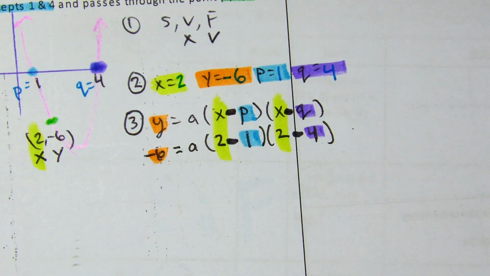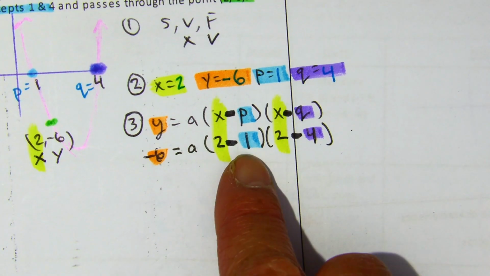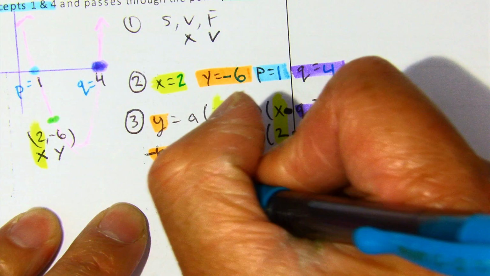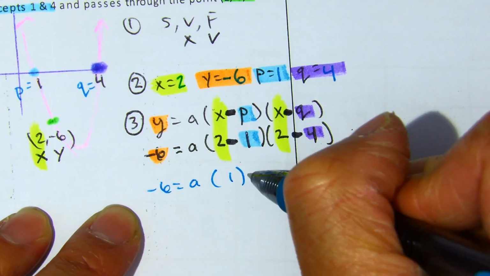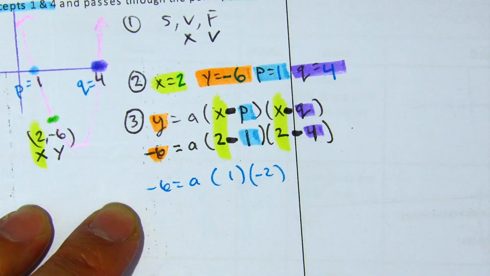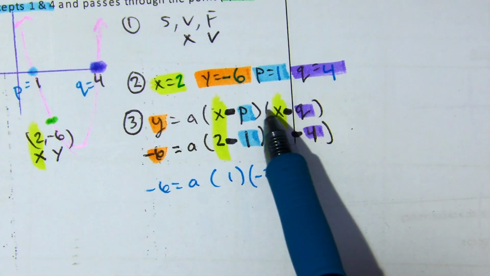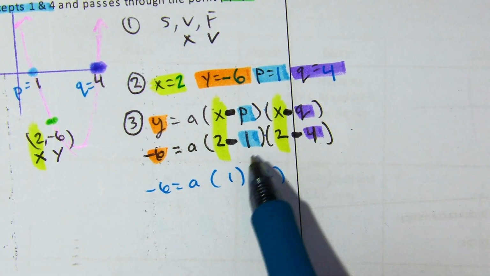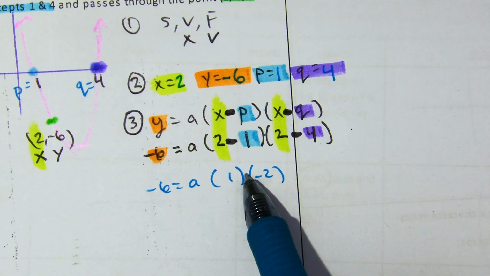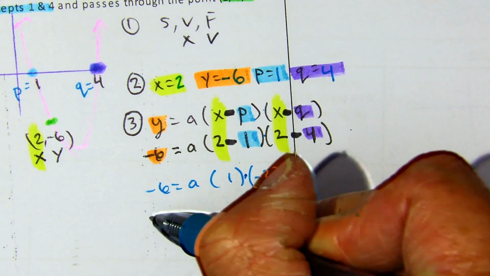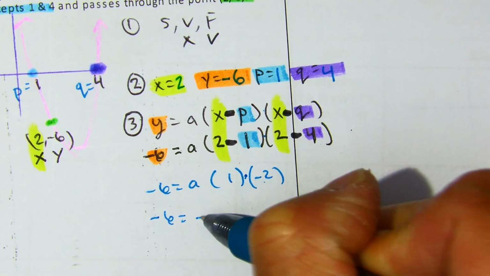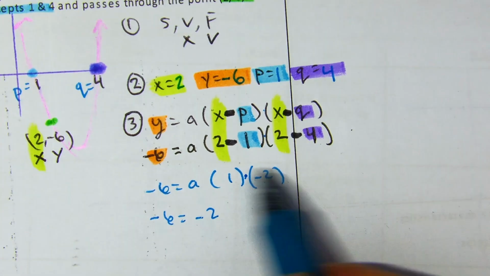Let's solve for A. Class, 2 minus 1 and 2 minus 4. You have one math operation. So let's go ahead and multiply. -2. Yes? We're writing it in front.